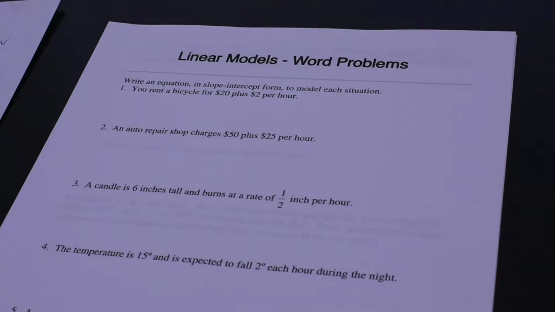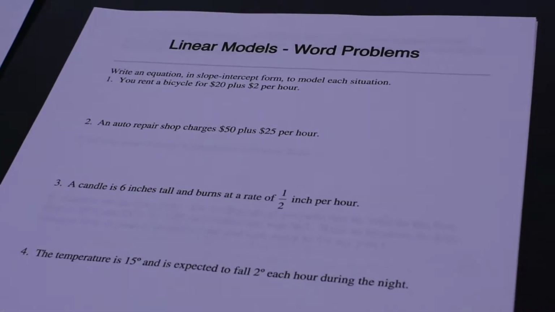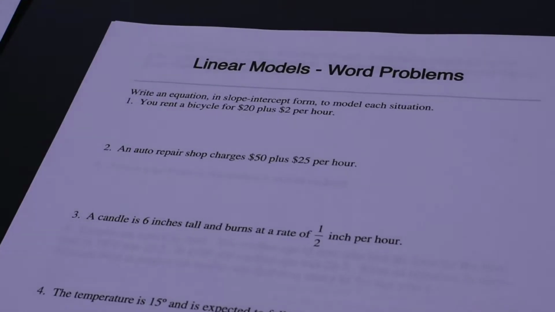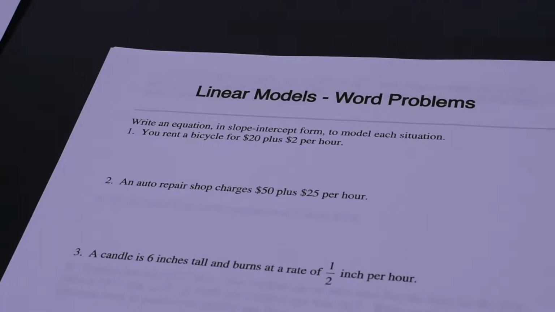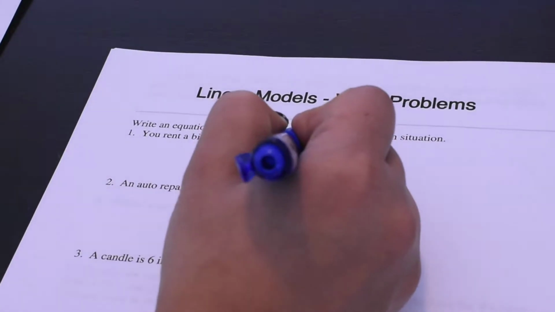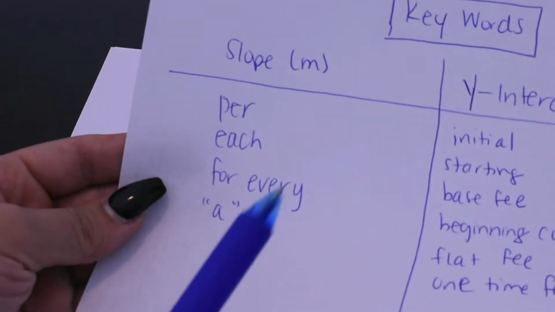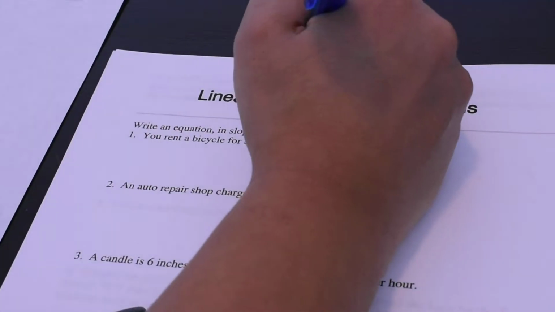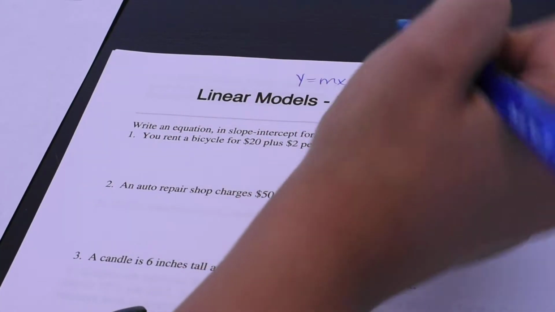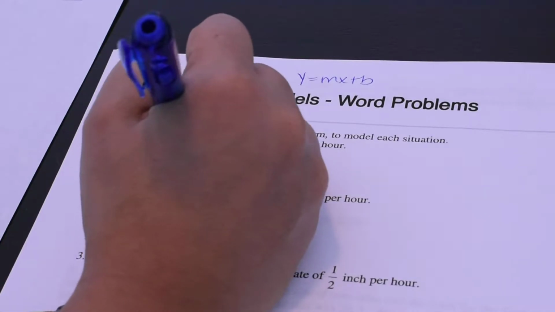I'm going to do the first 3, and then the rest you should do on your own. So it says to write an equation in slope-intercept form to model each situation. Number 1, you rent a bicycle for $20 plus $2 per hour. So if I see the word per, I know it's my slope. I know all linear problems are written as y equals mx plus b, right? So I'll start y equals mx plus b.